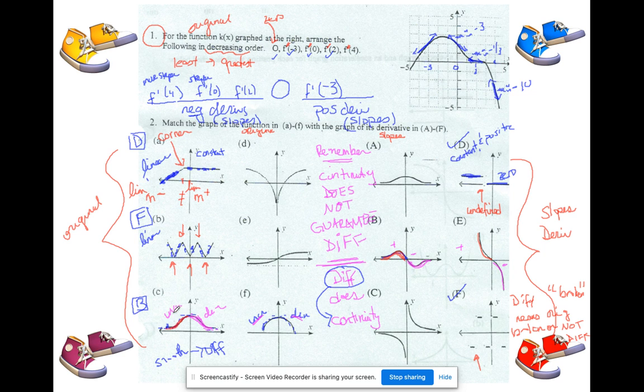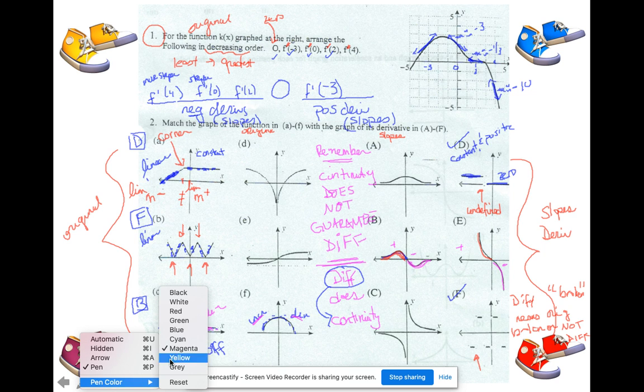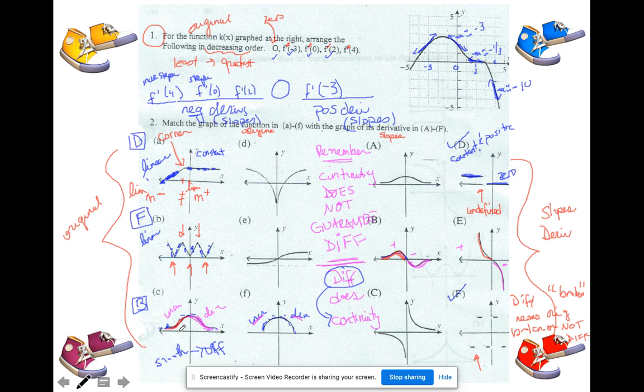Look at E. Again, start at the far left. I'm looking for slopes that start at 0 and kind of end at 0. That was very similar to what happened over here in graph C, right? Slopes started at 0 and ended at 0. But what's different here? The slopes are increasing to 0.